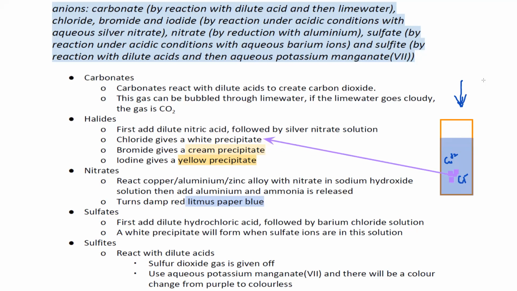I did not use the color white because the background is white, so I use this purple. It means that is chloride. If it was a cream color precipitate, it means bromide, and yellow precipitate, it will be iodide. So already we know about the salt. It contains a chloride ion.